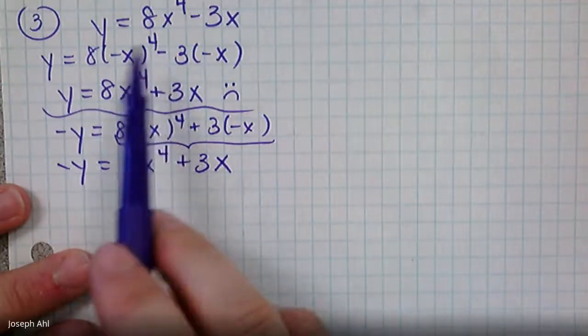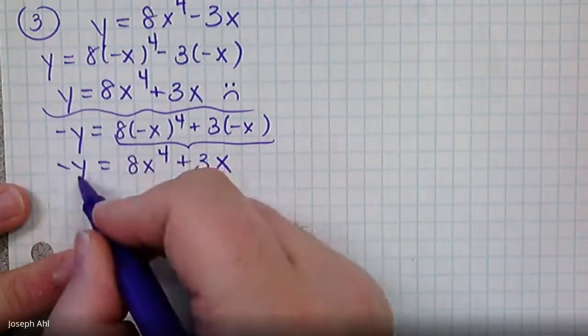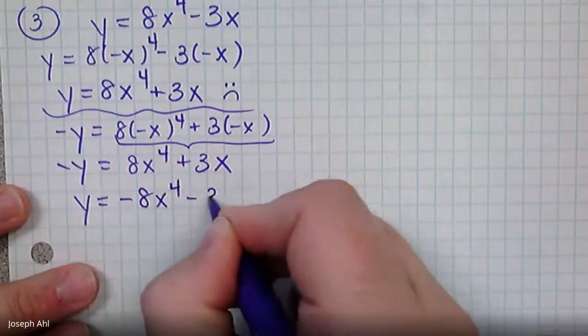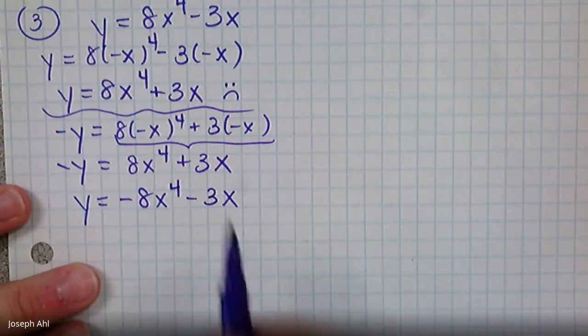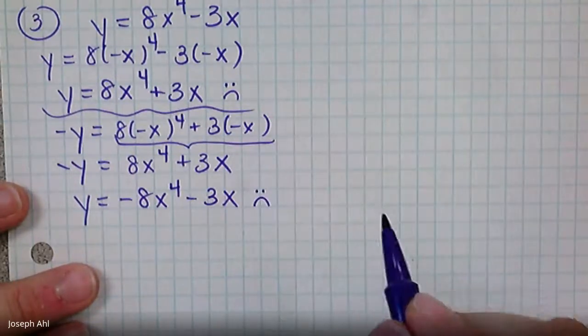So you can use some of the work from above and just copy it down. Then the last step, divide out the negative 1 to get negative 8x to the fourth minus 3x. That definitely doesn't match the original, so it doesn't have origin symmetry.